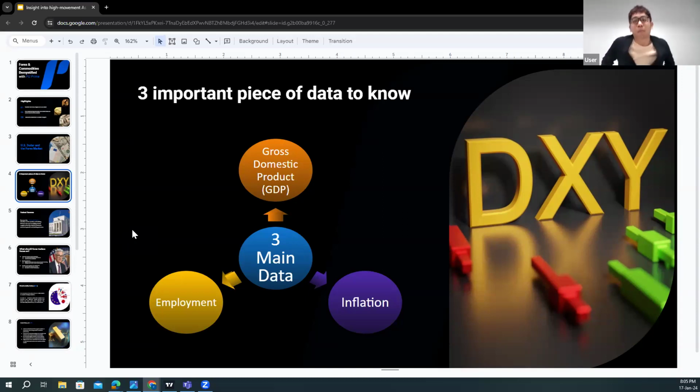We get this GDP data regularly. I cannot remember the latest number, but if you have been keeping yourself updated with US economic data, overall I would say that despite the Federal Reserve increasing the interest rate and discouraging economic activity, the US economy is still doing relatively well.